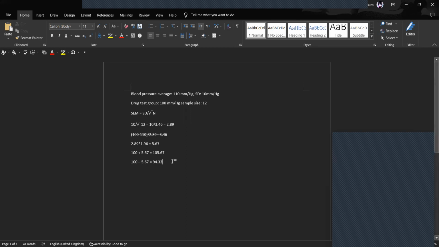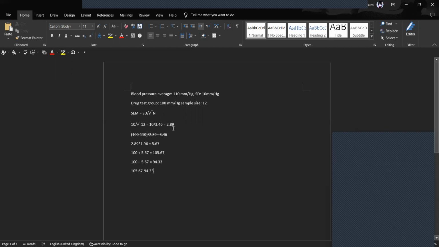Okay? And so this range, from 94.33 to 105.67, contains the area where 95% of the means of our drug test group would lie.